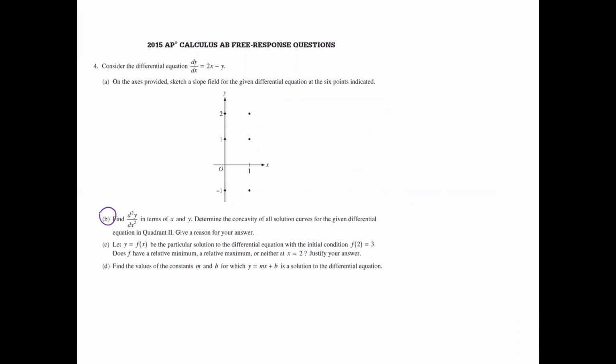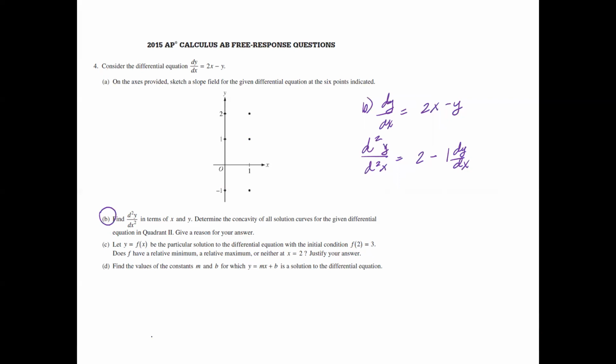For part B, it says find the second derivative in terms of x and y, determine the concavity of all solution curves for the given differential equation in quadrant 2, and give a reason for your answer. Looking at this, you know that your dy over dx is equal to 2x minus y. So your second derivative would be the derivative of 2x, which is 2, minus the derivative of y, which is dy over dx.